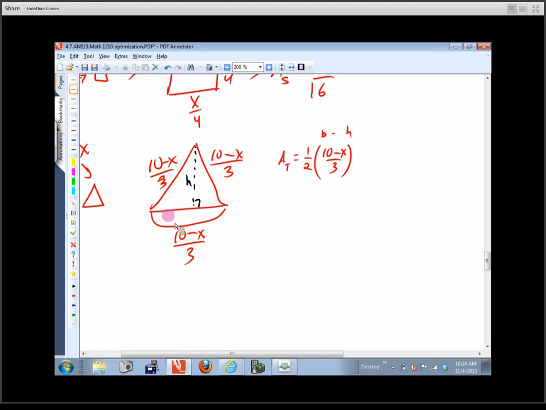So that means this side right here would be 10 minus x over 6. So from here to here is 10 minus x over 6. And then I want to figure out this one right here. I could use the Pythagorean theorem using this side and figure out what that side is right there. Or, very good. It's a 30, 60, 90. So how do I go from the short leg to the long leg on a 30, 60, 90?